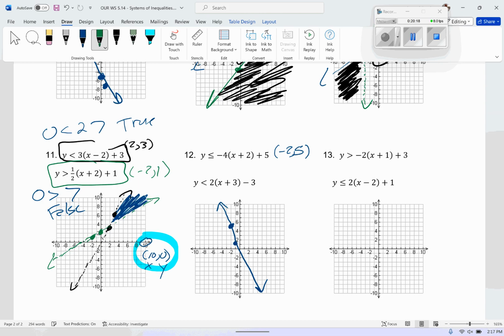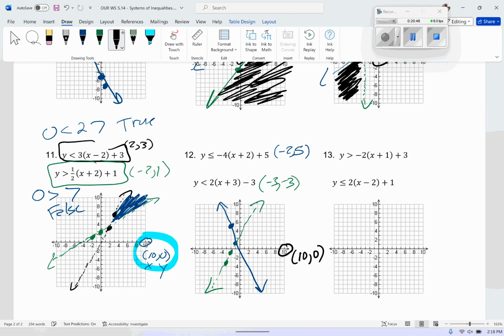All right. What point comes out with this one? Negative 3, negative 3. The slope is what? Up 2, right 1. Solid or dotted? Dotted.